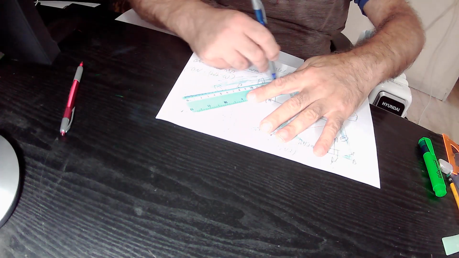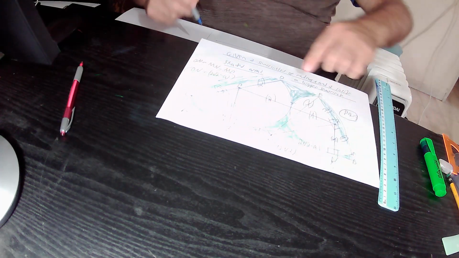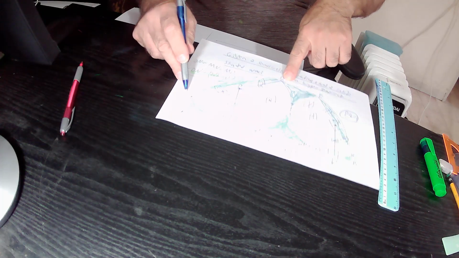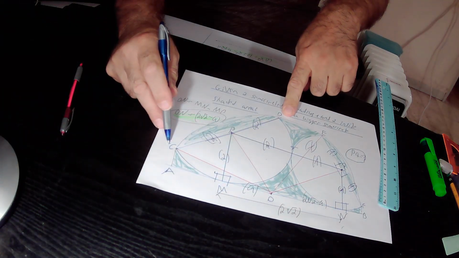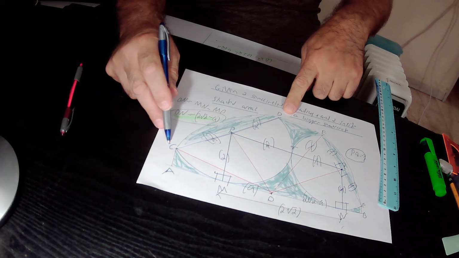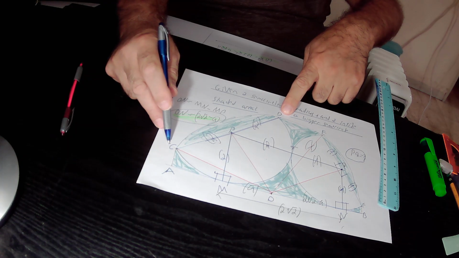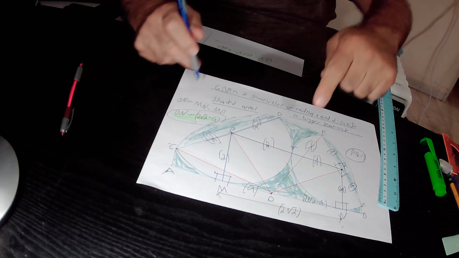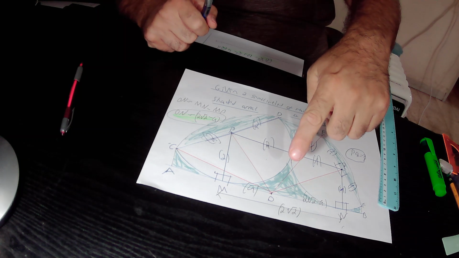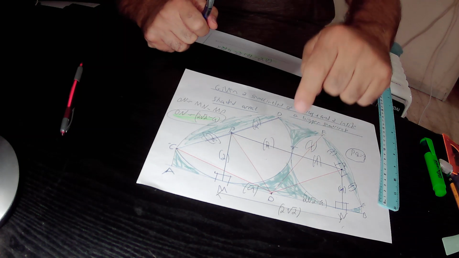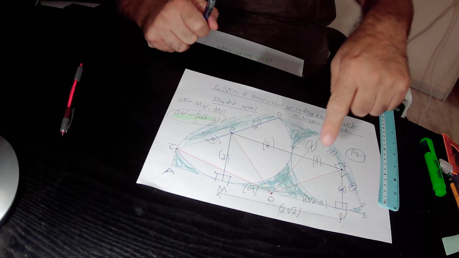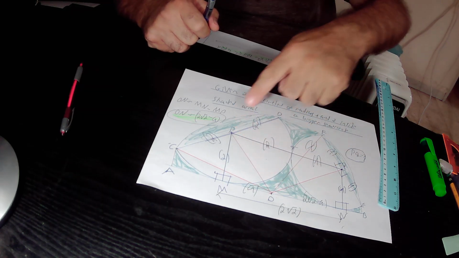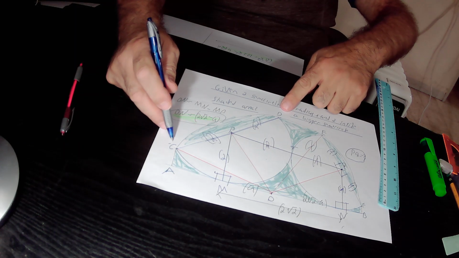Repeat again. This is chord CD, that has been bisected by line segment OP. Again, from the center of the circle, that is to say from point O, the center of the biggest semicircle, we draw line segment OP that bisects chord CD.